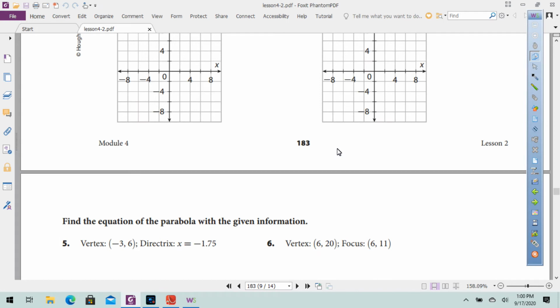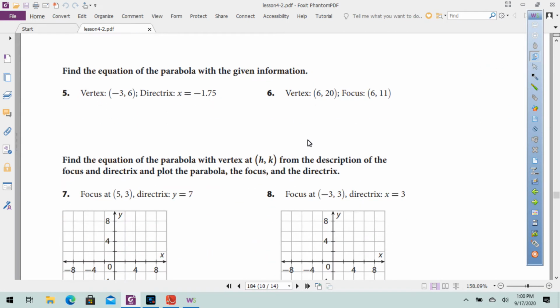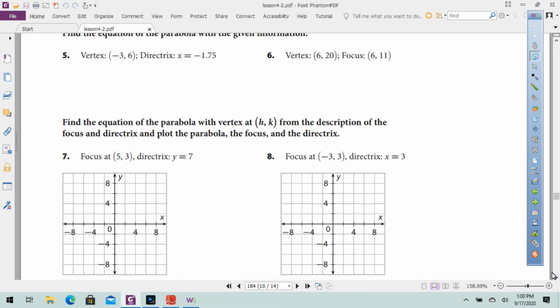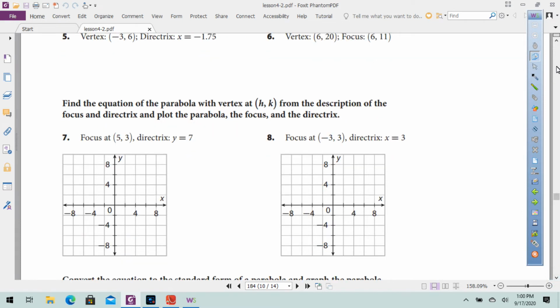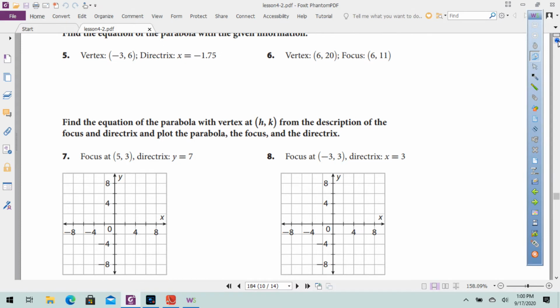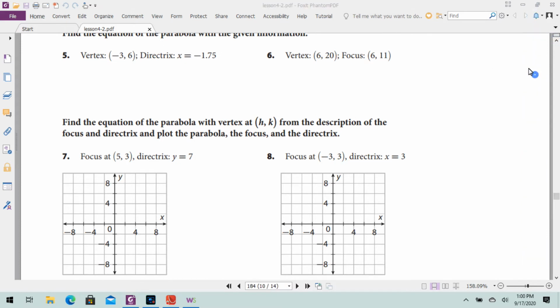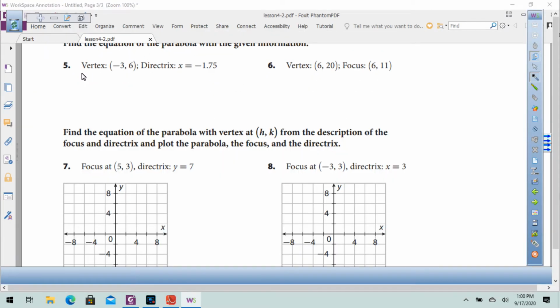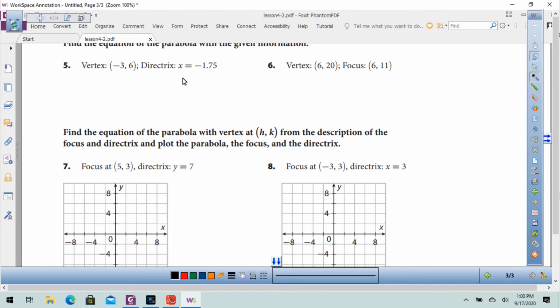Let's see, number 5. Find the equation of the parabola with the given information. So we're given a vertex of -3, 6 and the directrix of -1.5.